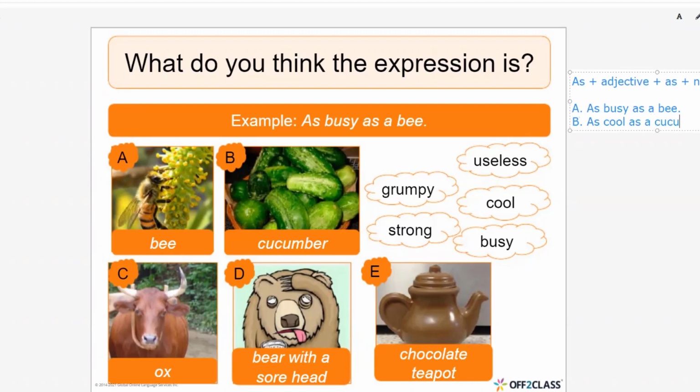Good. Okay. So what do you think it means if you're as cool as a cucumber? For the feeling? Yep, the feeling. So if someone's in a tough situation and they say he's as cool as a cucumber, what do you think that means? Okay. So actually, you're right.